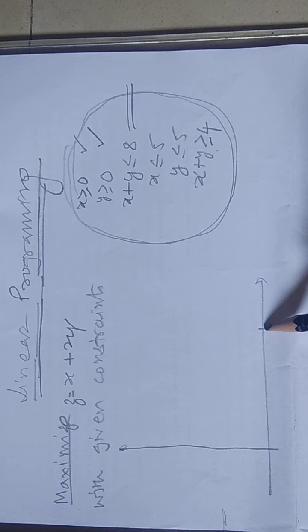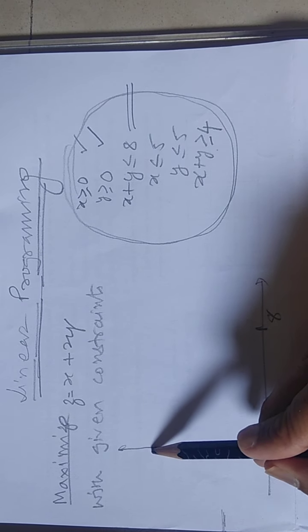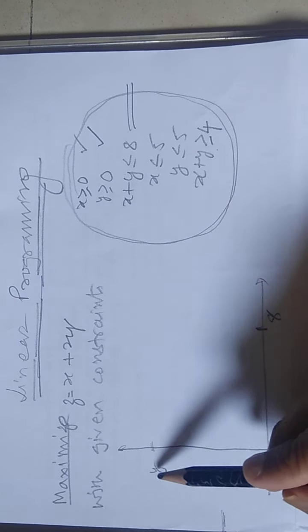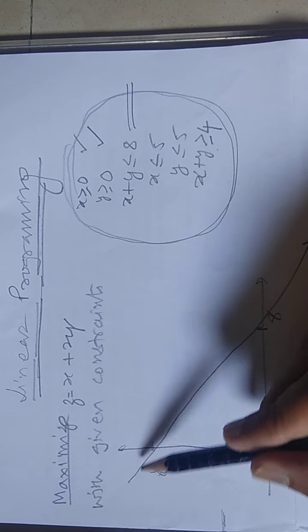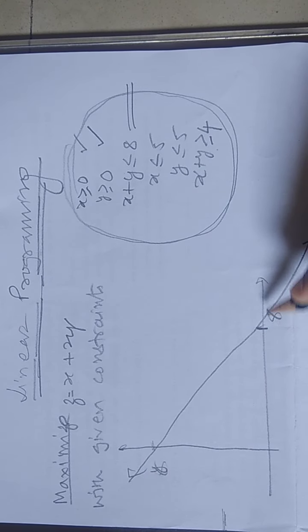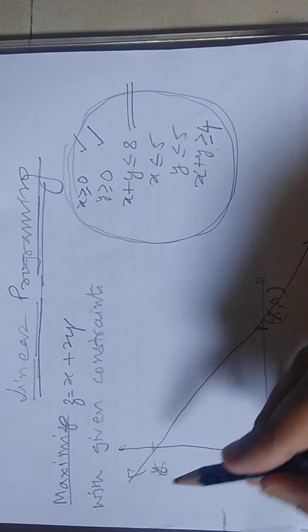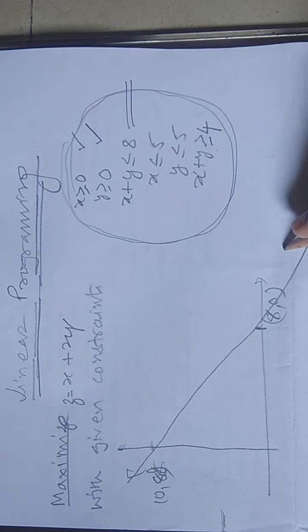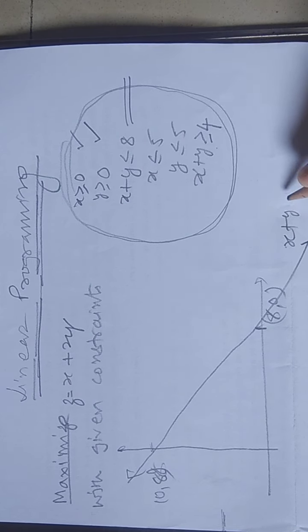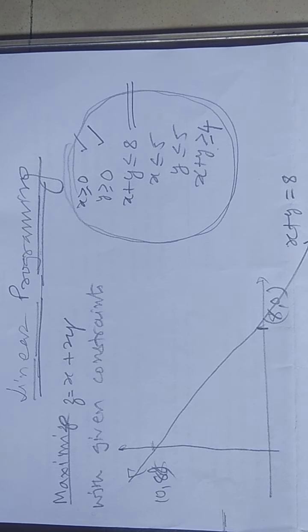So x intercept will be 8, y intercept will be 8, and the line will be passing through these two points. Whenever you draw such a line, always make a habit of writing the coordinates. Over here it will be 0, 8, and also write the equation. What is the equation? x plus y is equal to 8.